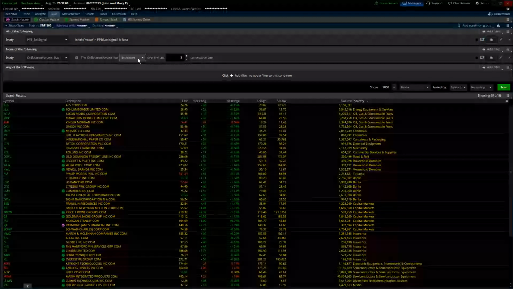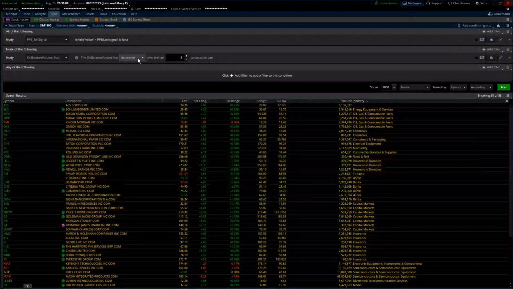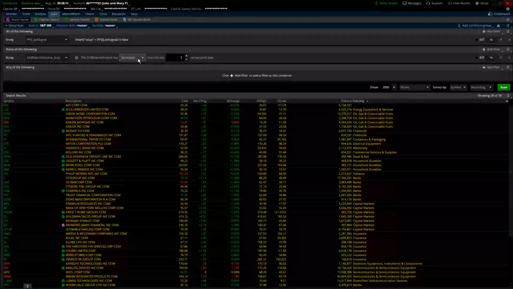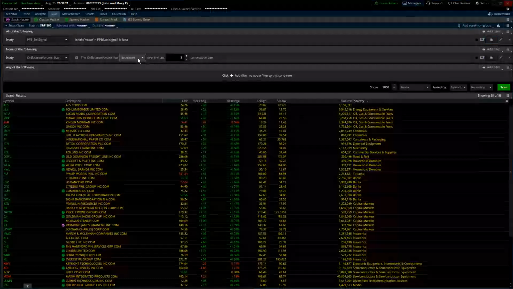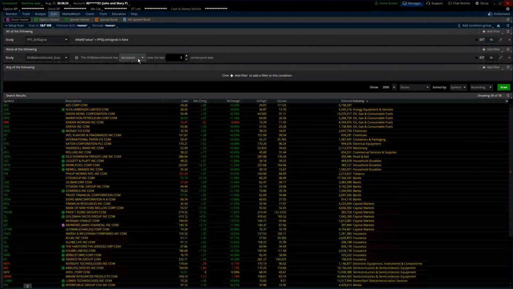The way on balance volume works is it calculates the volume from one period's close to the next period's close and assigns the entire volume to that time frame. So if the bar closed lower than the prior hour's close, that's a negative, and the line would be down.